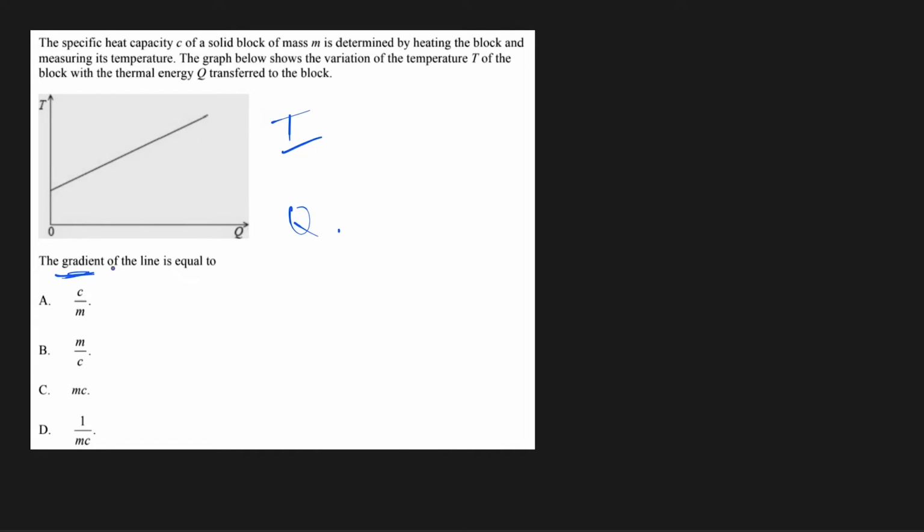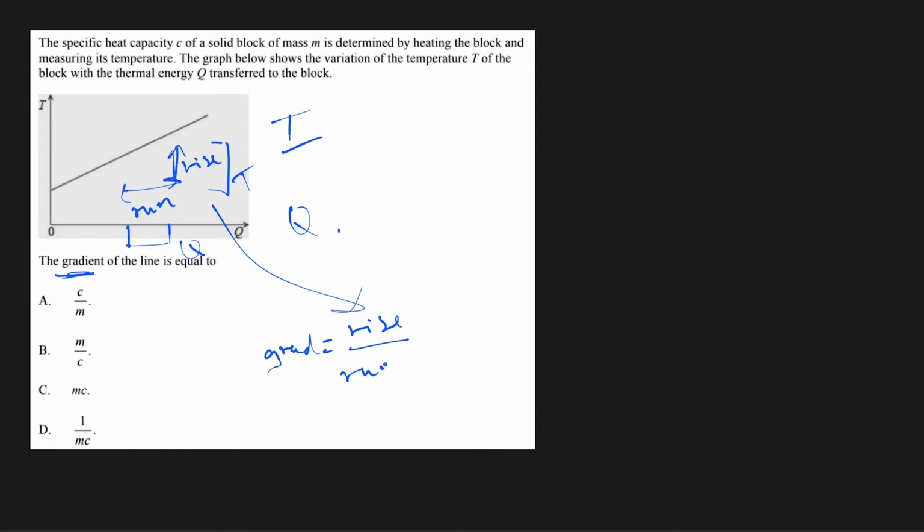So the gradient of a line is just rise over run. Run refers to Q. Rise refers to T. So gradient is equal to rise over run, which is T on the y-axis over Q on the x-axis.